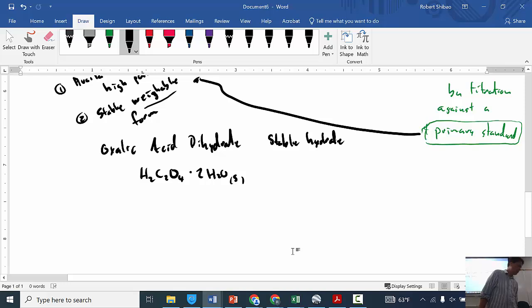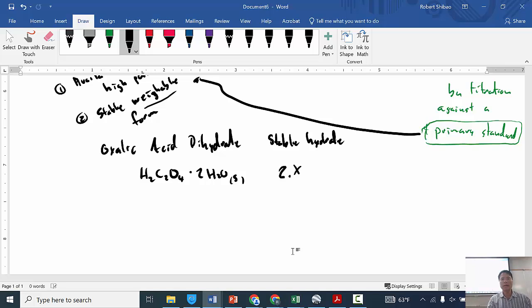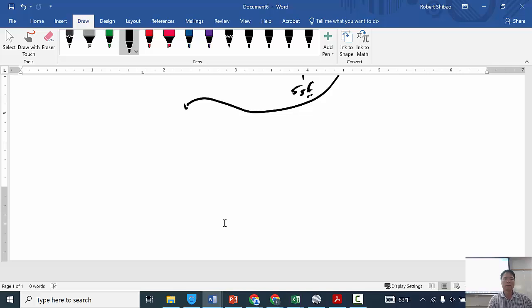All right, so what we're going to do is weigh this to, if it's 2.5 grams, we need to weigh it to 2.xxxx grams. That's 5 sig figs. And then we're going to transfer all of this into a 250 milliliter volumetric flask. This is not a good drawing. And there's going to be an etch mark on here somewhere. So we transfer it all in there, and then we add water.